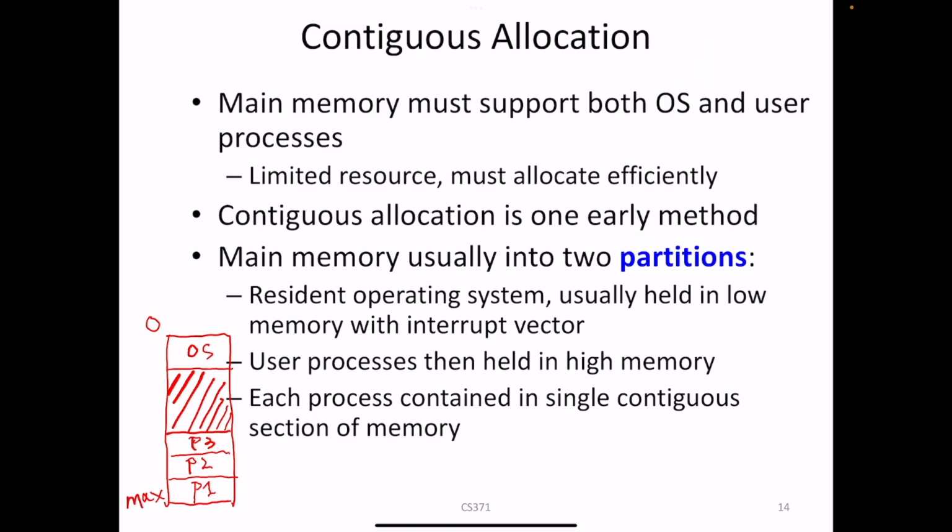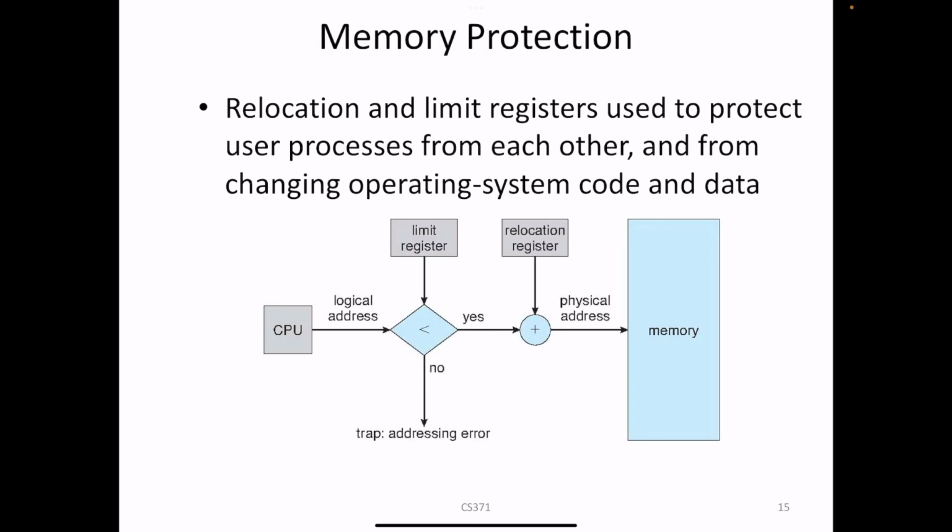In this slide, we will learn how to use the following mechanism to achieve memory protection. In this mechanism, we use the relocation and limit registers to protect user processes from each other and from changing operating system code and data. The relocation register contains the value of the smallest physical address assigned to the process.